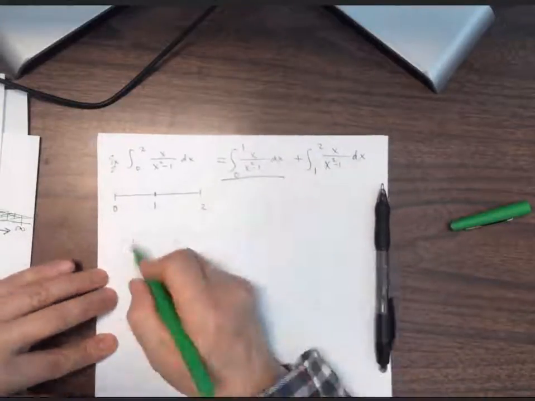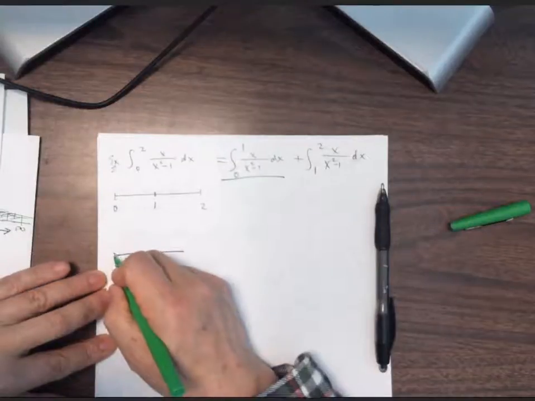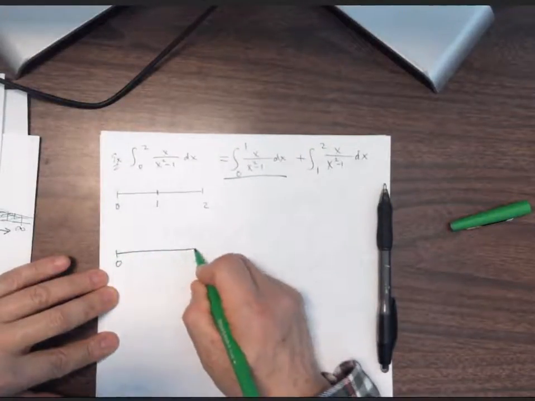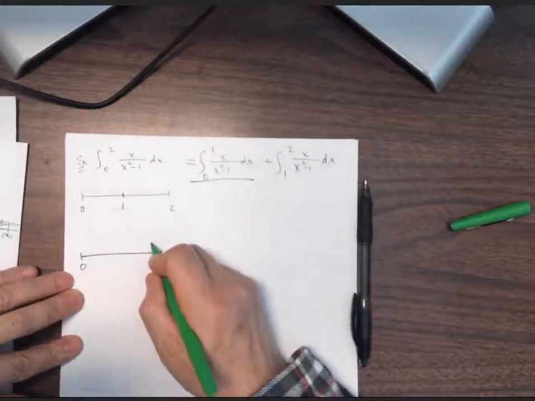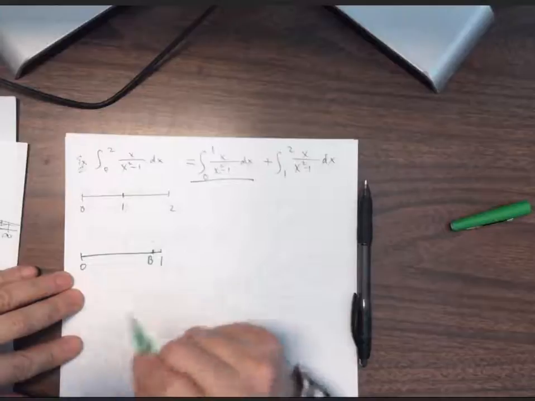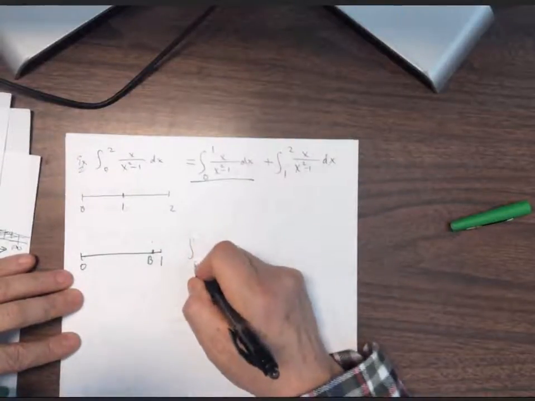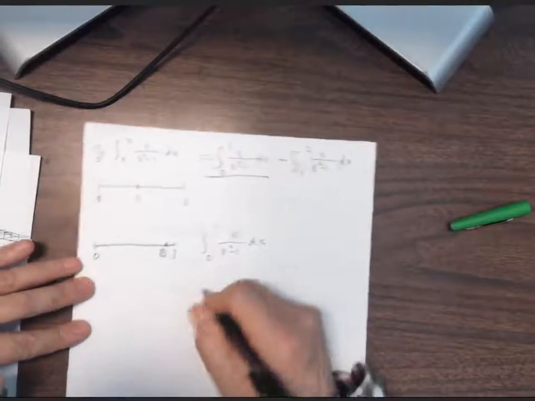The first one, let's see. So 0 to 1. Now 1 is a trouble spot, so we go from 0 to b. Alright, so let's do them separately. 0 to 1, x over x squared minus 1 dx.